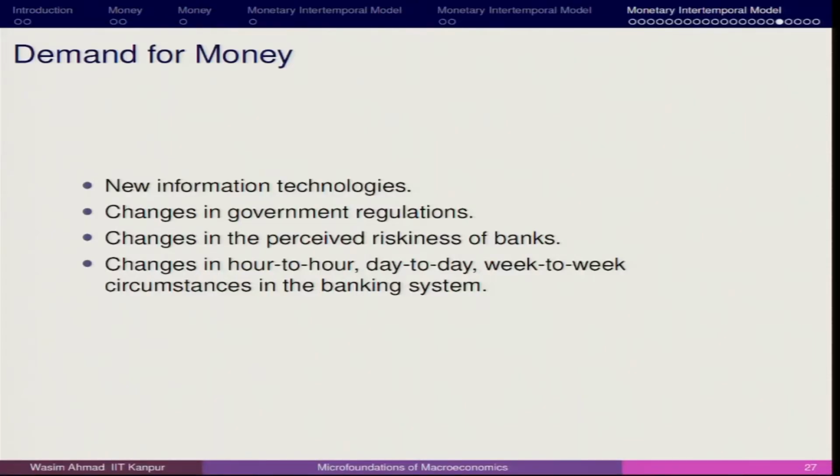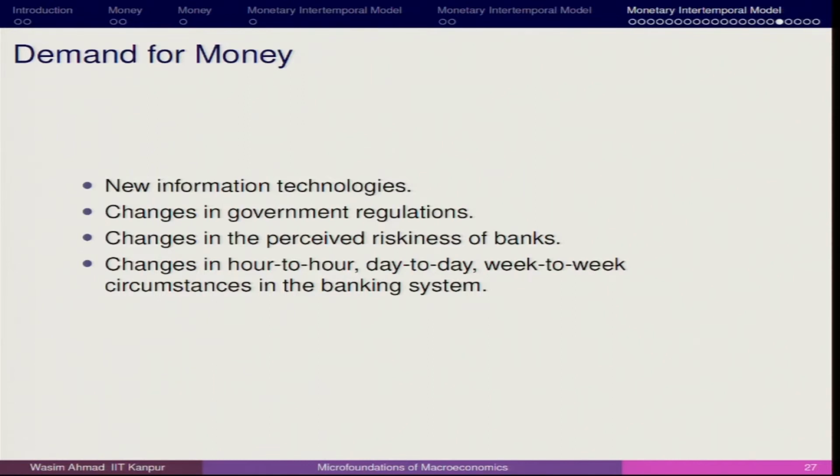So, everyone is interested. Then there are changes in the perceived riskiness of banks. Many individuals do not like to go to the bank, and rather invest in other instruments. The stock market functioning is also having a limited role, and since the banking system is improving on its services, these improvements have led to an increase in the transaction level.